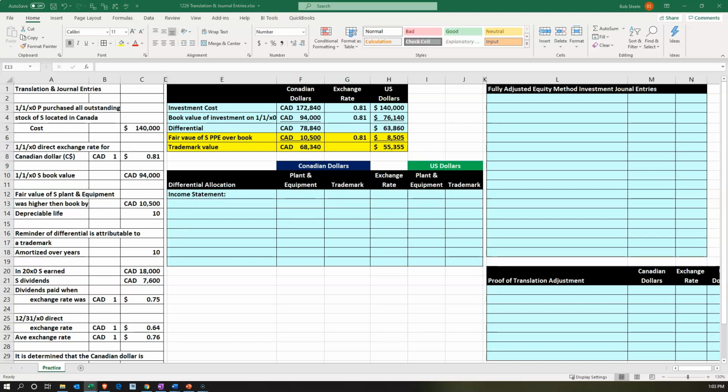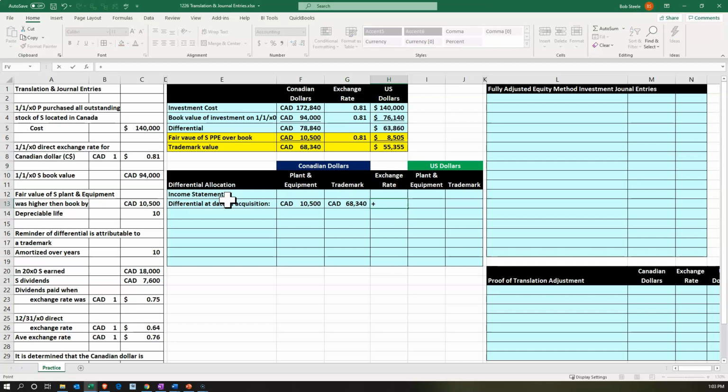And we have the differential at the date of acquisition. The differential at the date of acquisition is this 10,500. And on the trademark, we had the 68,340. Now, we're going to use the exchange rate to break this out.